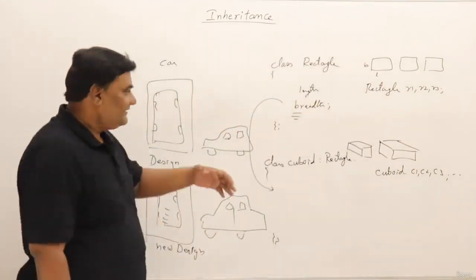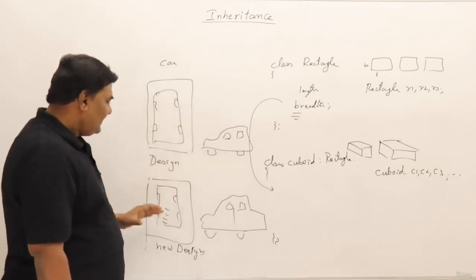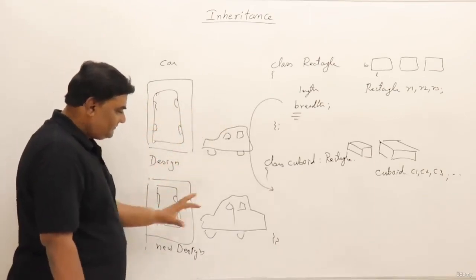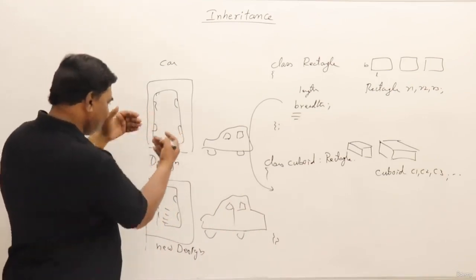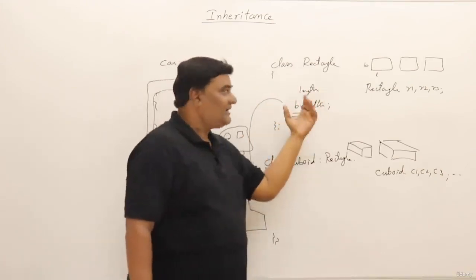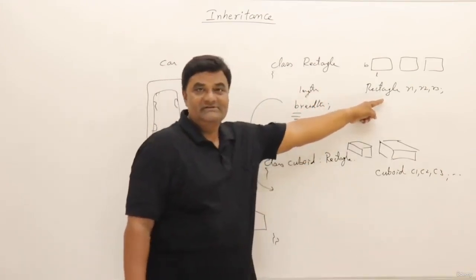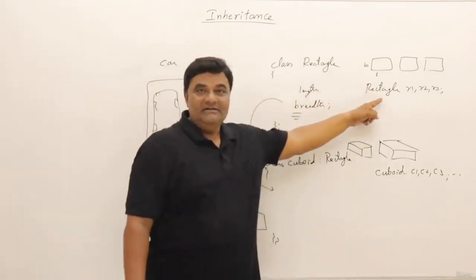So that's it. Like in other engineering, we have a design and the object of this design, and we have a new design that is the object of the new design, and this new design is borrowing all the features of this existing design. In the same way, when I have a rectangle, already a design is there, and these are the objects. Like the car on the road, a rectangle in the memory.